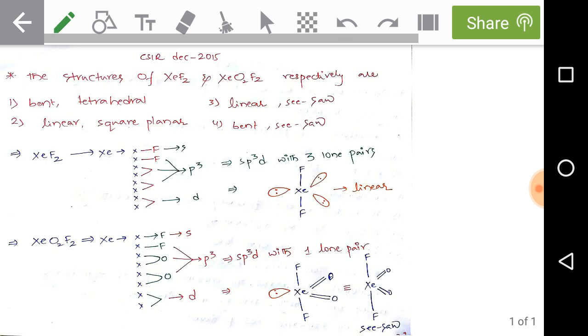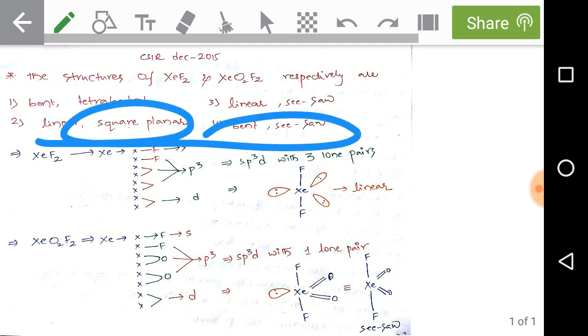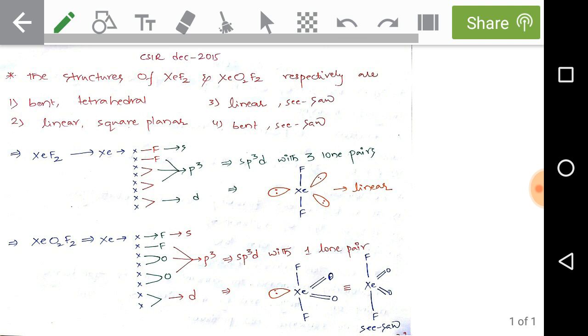Next question, the structures of xenon difluoride and xenon oxide difluoride respectively are: bent, tetrahedral, linear, seesaw, linear, square planar, bent and seesaw. First thing, xenon difluoride, we need to write the number of electrons in the valence shell of xenon. So it has 8 valence electrons. Now it has bonding with 2 fluorines, so they are sigma bonds.